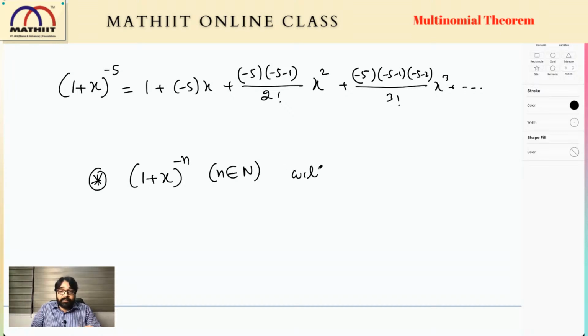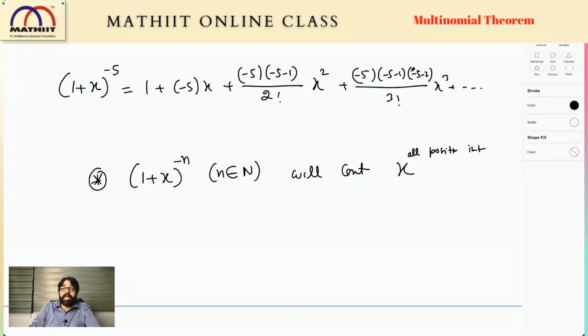It will contain x power of all positive integers. Now there is no restriction. It will go up to x power n, then x power n plus 1, n plus 2, x power millions of millions. All positive, because infinite terms are there, no?